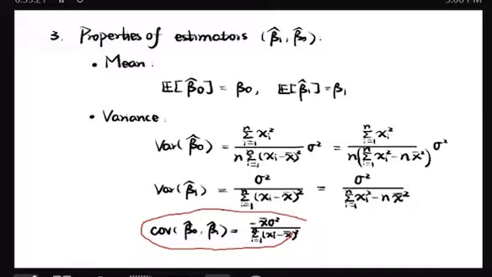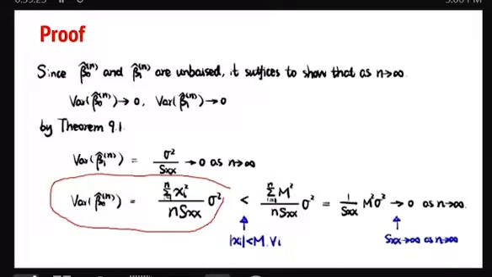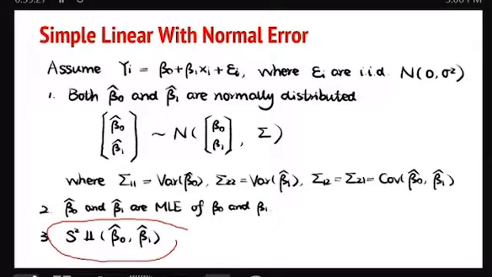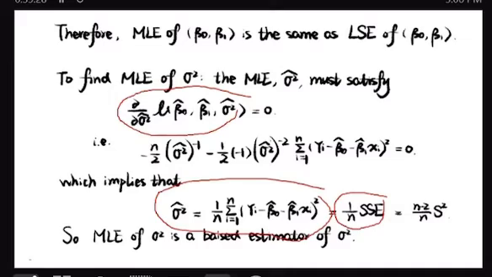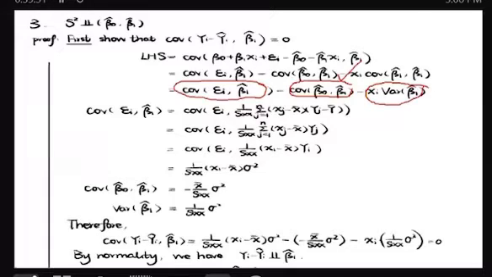So which means in the three expressions, we've already derived the second one. We're only going to focus on the first and the last one. And even if you take a look at the last one, we already know the variance of beta 1 cap, right? We've derived the variance of beta 1 cap.